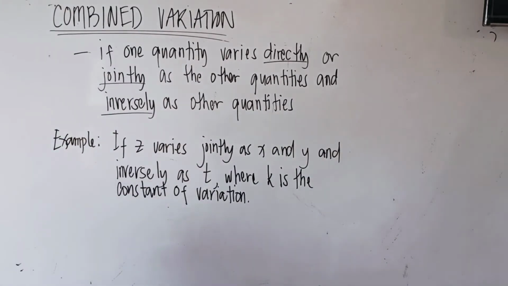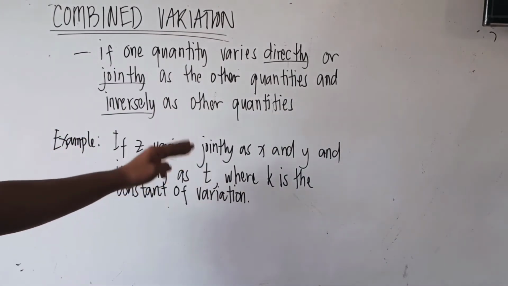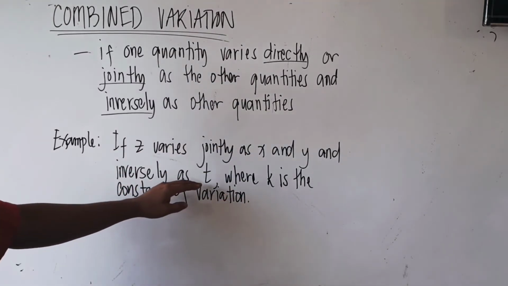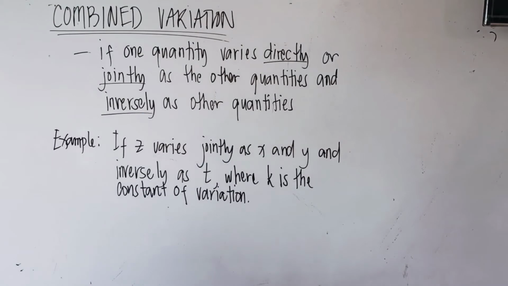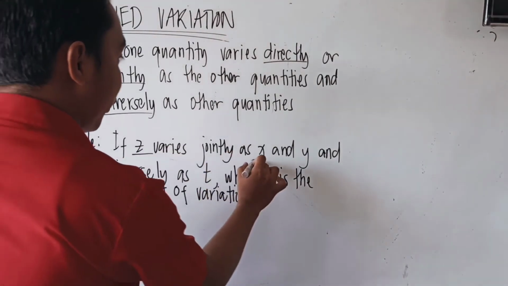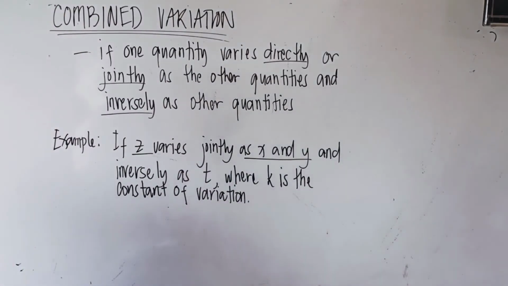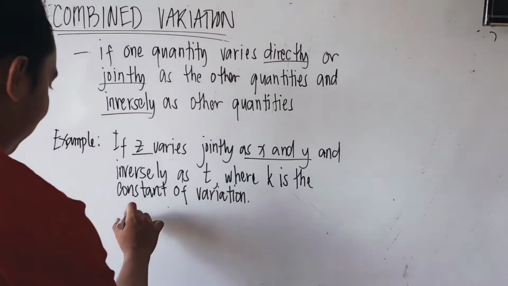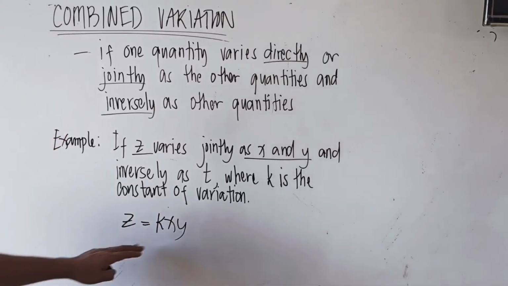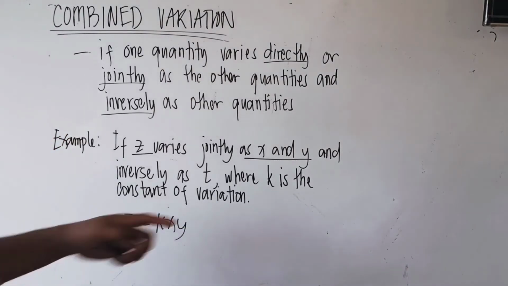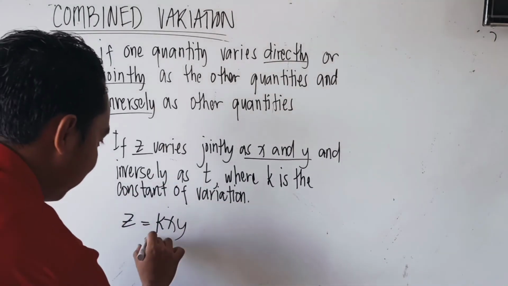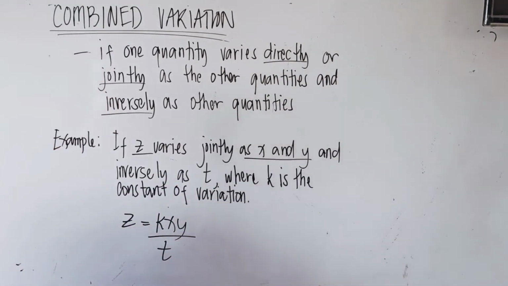Okay, so for example, if z varies jointly as x and y and inversely as t, where k is the constant of variation. Isa-isahin natin. If z varies jointly as x and y, pag varies jointly, di ba, equation niya is z equals kxy. Take note, and inversely as t.